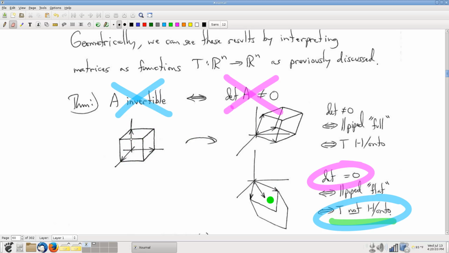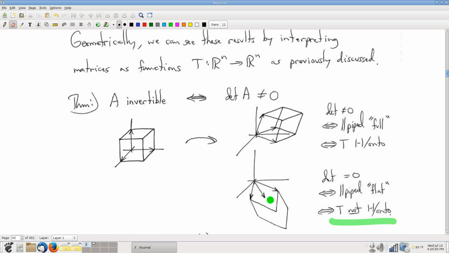Okay. All right. Now let's consider the other case. What if the determinant is non-zero? Well, if the determinant is non-zero, then that means that this parallelepiped here has non-zero volume. That means it's inflated.